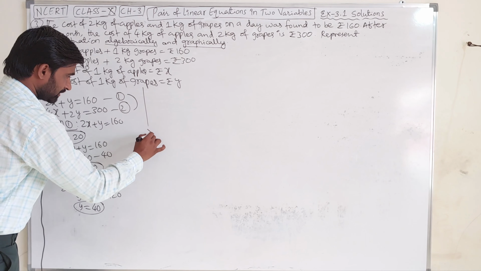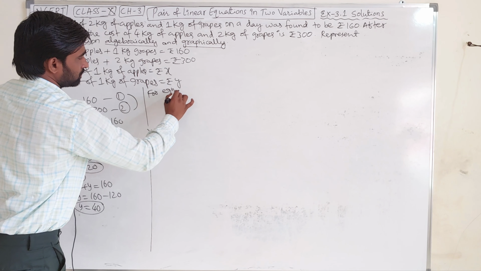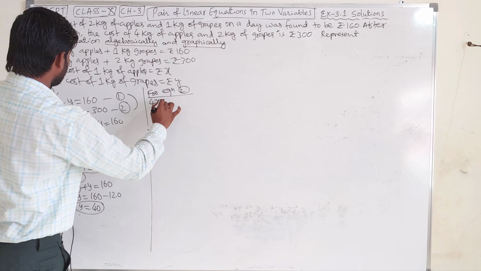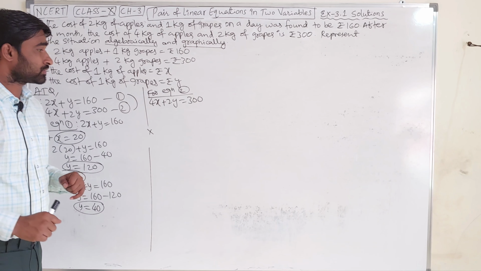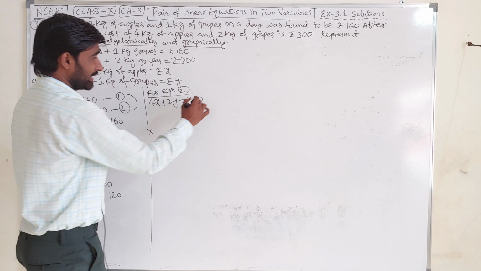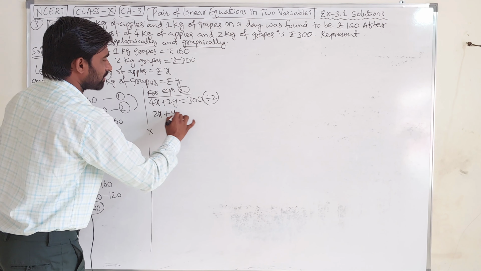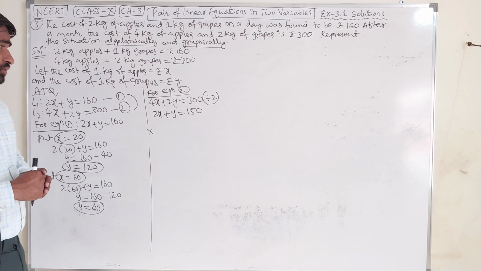Now for equation 2. That is 4x plus 2y is equal to 300. Now all the 3 terms have 2 as a common factor, so we can divide by 2. So we will get 2x plus y is equal to 150. Now we have to find the 2 solutions.